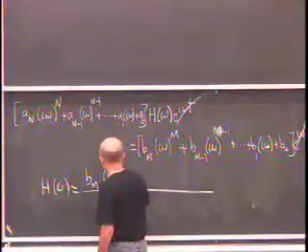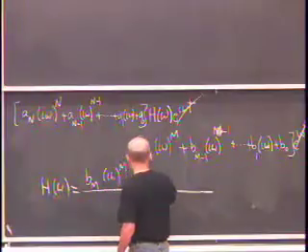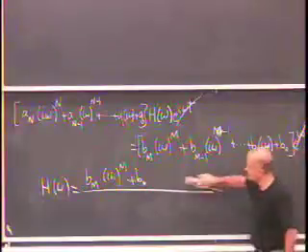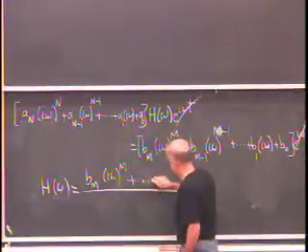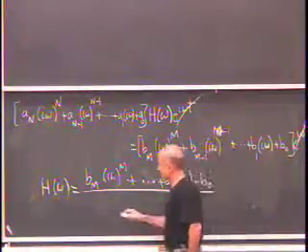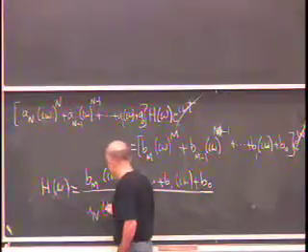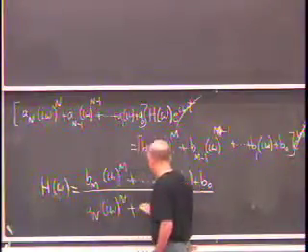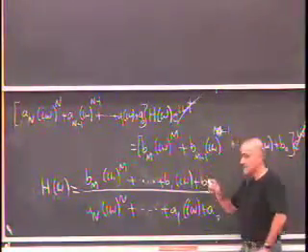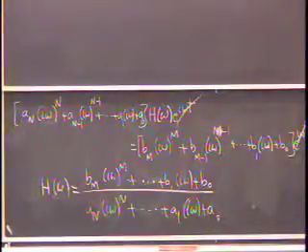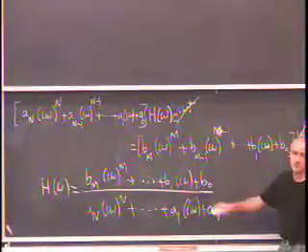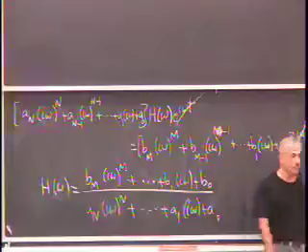b_m (iω)^m plus, dot, dot, dot, plus b_1 iω plus b_0. And in the denominator you have a_n (iω)^n plus ... See, so we have a polynomial in terms of iω in the numerator and a polynomial in terms of iω in the denominator.